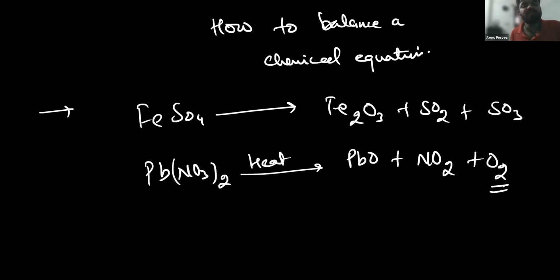So here oxygen is in its purest form, that is O2, so we will balance it last. Oxygen in NO2 is repeated the maximum number of times, so it also violates the first rule. And the second rule is that if there is any element which exists in its molecular form or in its elementary form, then we will balance that element at the last. Okay, you understood?